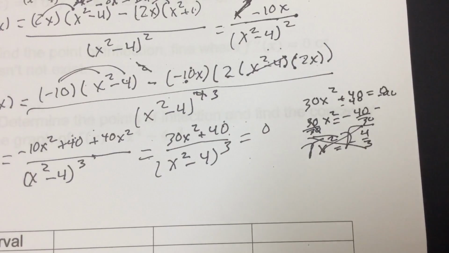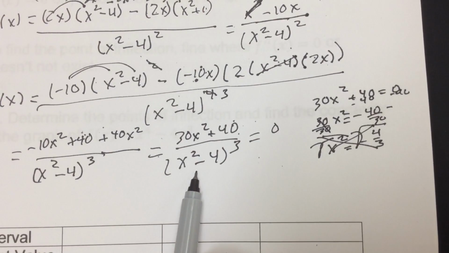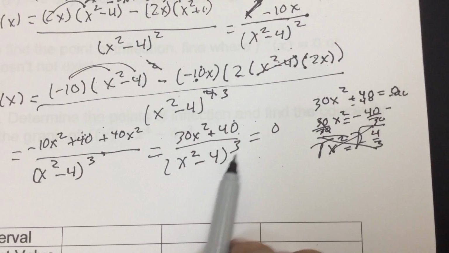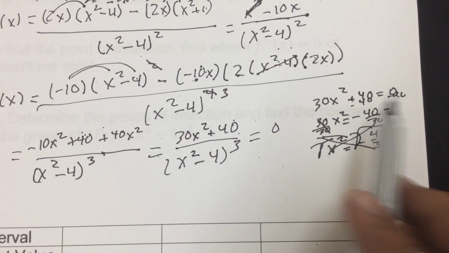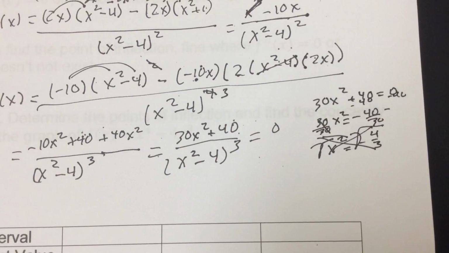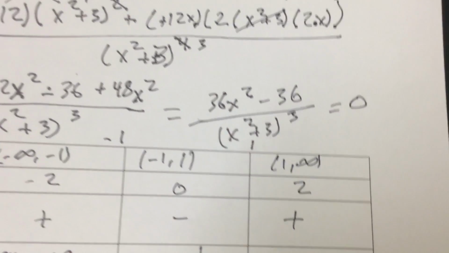So the other thing to check is what would make the bottom be 0? Well, the 3rd power means we're just going to have 3 multiples of these, but the bottom can factor out. I don't know if I checked the bottom on the last one. The last one, it was x squared plus 3, so there's no way to make that be 0.